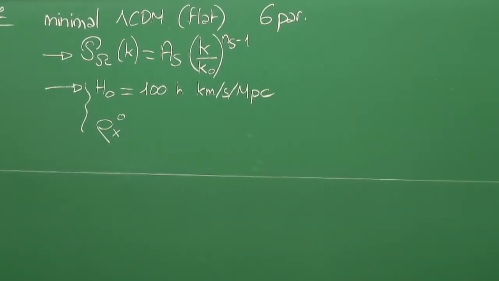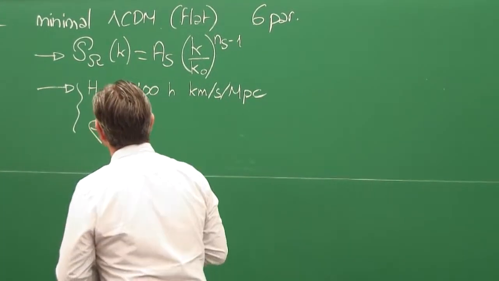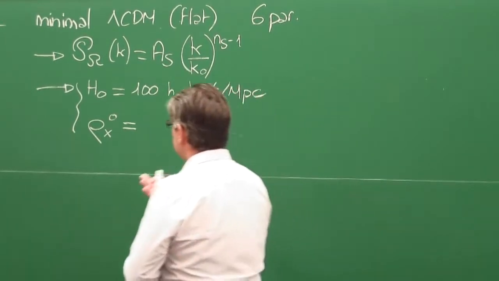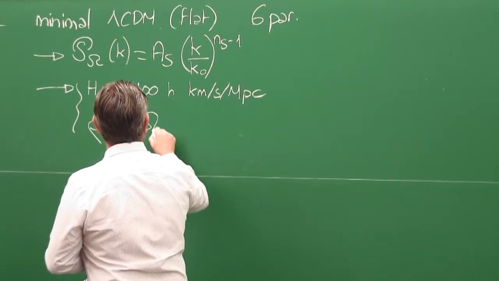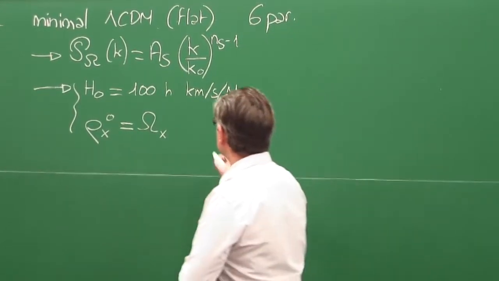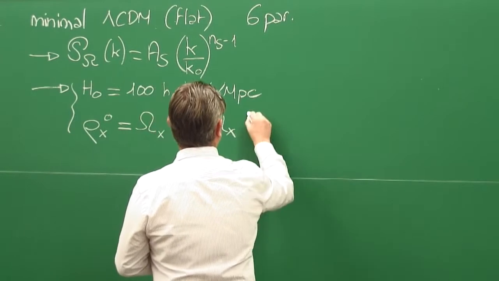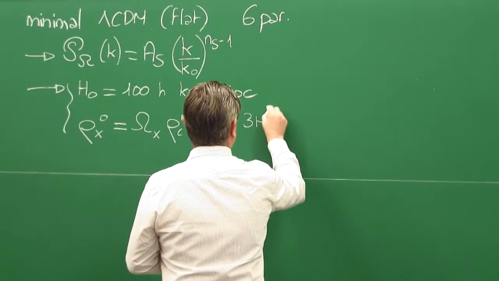So those who are doing a lot of cosmology know this small omega. For the others, I recall that I can write this physical density today as the big omega parameter for the species X times the critical density today. But the critical density is only a function of the Hubble scale.